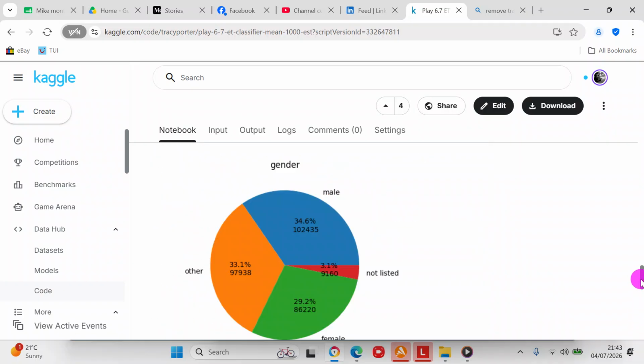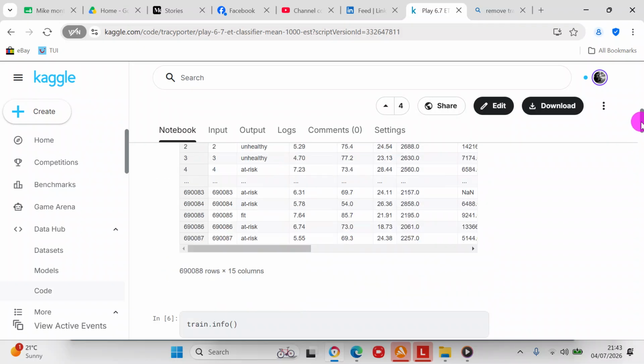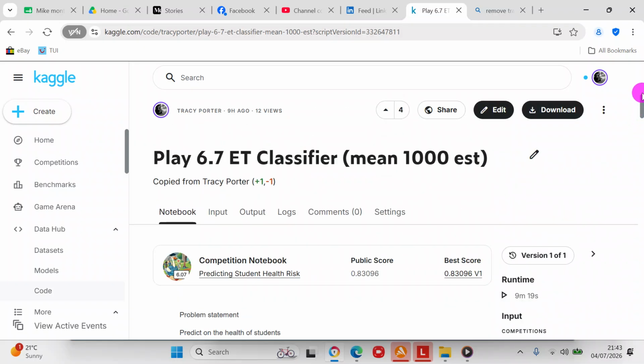When I submitted my work to Kaggle, I got 83.096 accuracy. My score wasn't fantastic because there are people that scored a lot higher than I did, maybe 95% or even higher. But you just have to work on it.